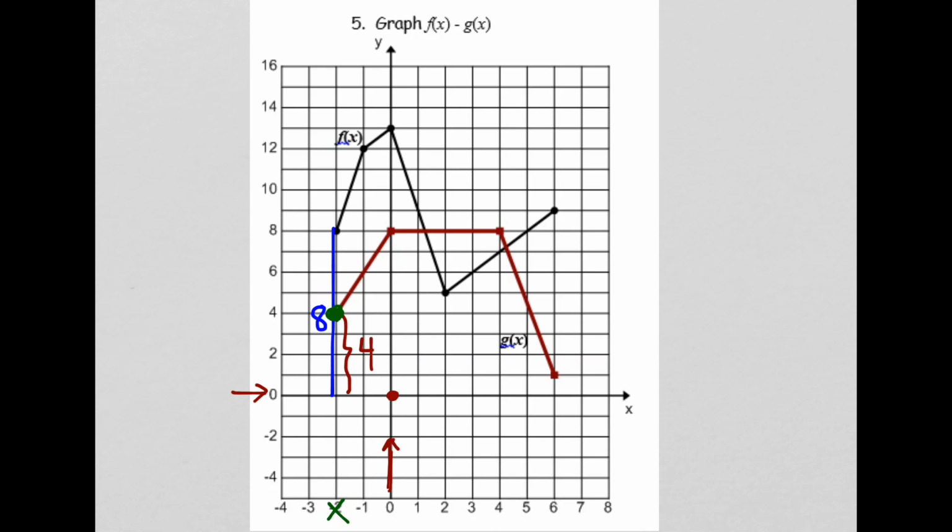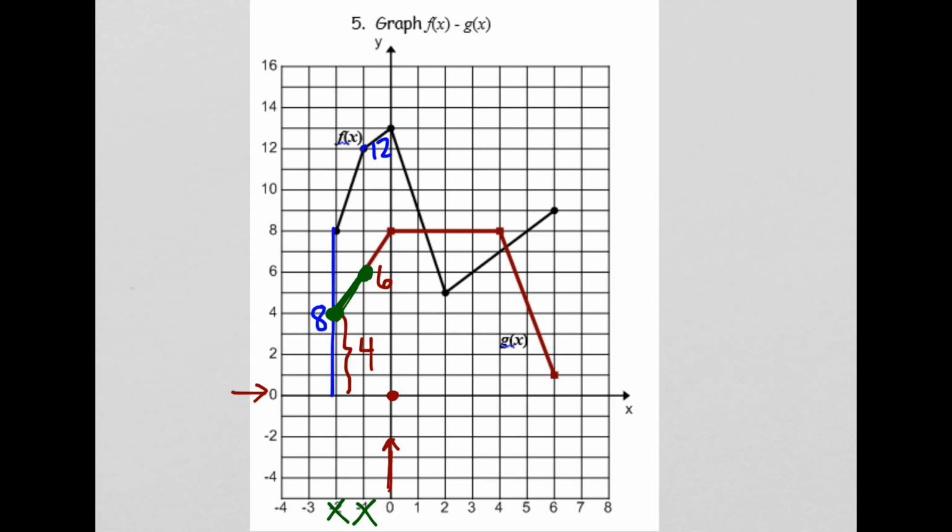Now we're going to march over to the -1. When x is -1, my red value was 6, and my blue or black value was 12, and 12 minus 6 is 6. Oh, so I'm on top of it again. That's okay. There's my first segment of what it looks like to subtract these. Okay, that takes care of -1.